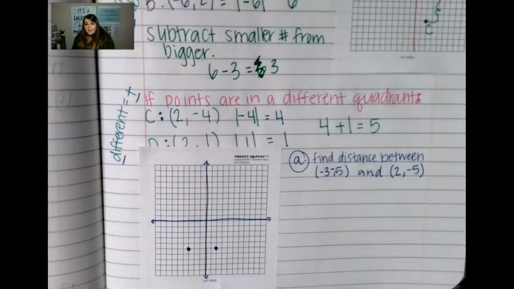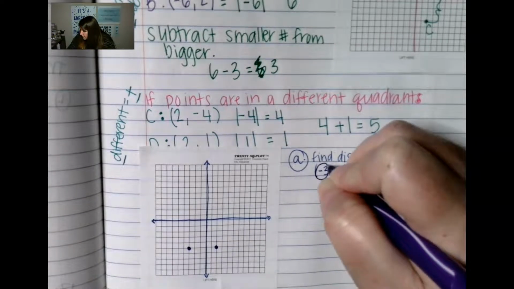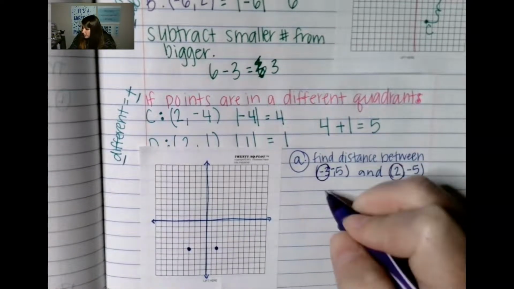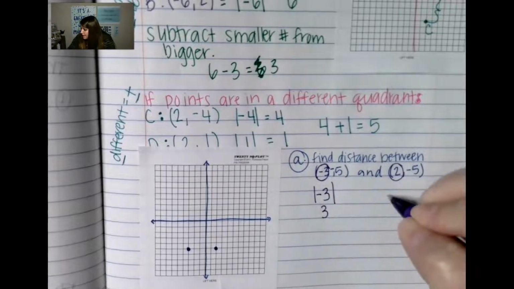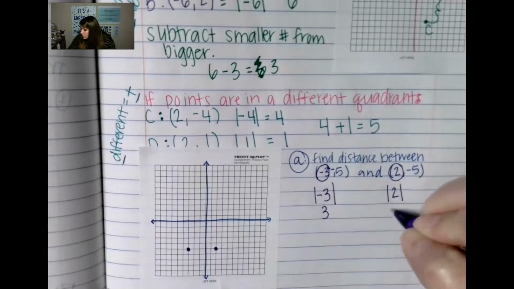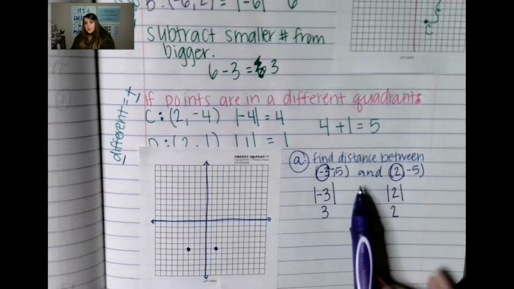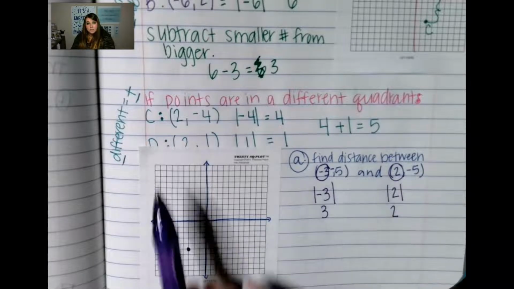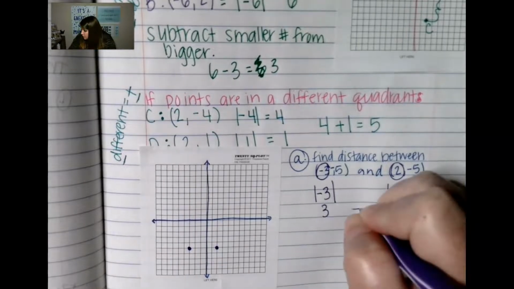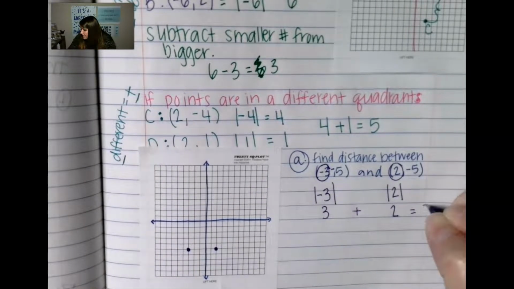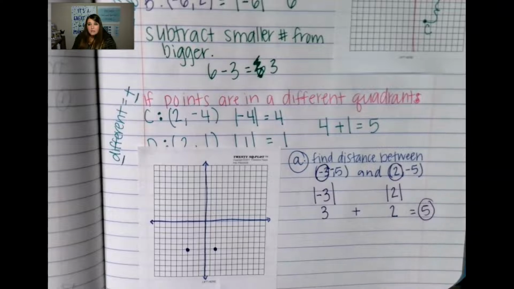So they are in different quadrants. Because they're in different quadrants, we're going to look at the ones that are different. Here's the one that is different. So we're looking at the absolute value of negative 3, which is 3, and the absolute value of 2, which is 2. We know that they're in different quadrants. So because they're in different quadrants, it tells us to add them. So we're going to add. And this gives us, again, 5 jumps.